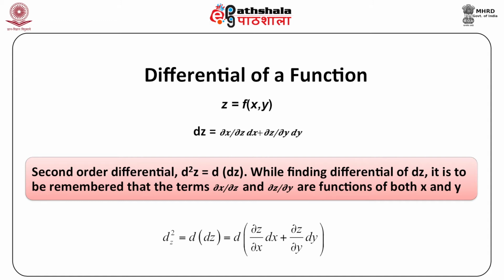Thus, d squared z is equal to d of dz, which is equal to d of the bracket del z by del x dx plus del z by del y dy.